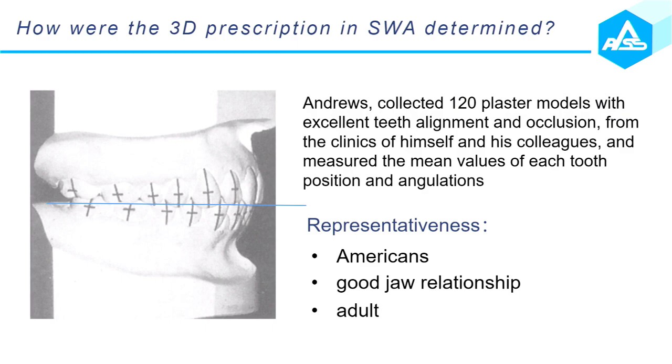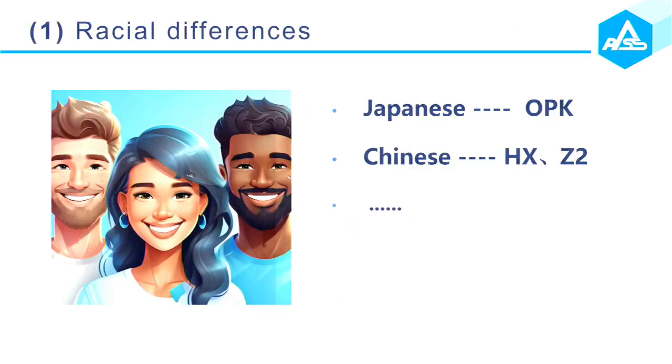He said it's an adult sample. So now we know the representativeness of this sample: Americans, good jaw relationship, and adult sample. Now, let's see if your patients are Americans.